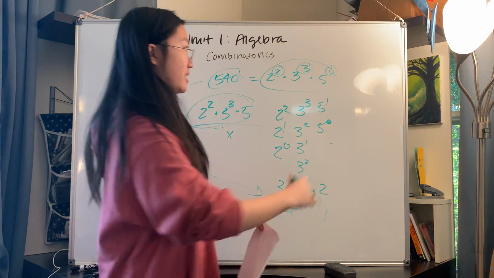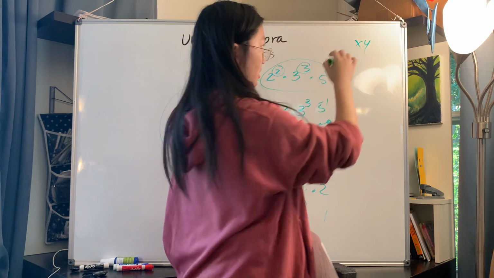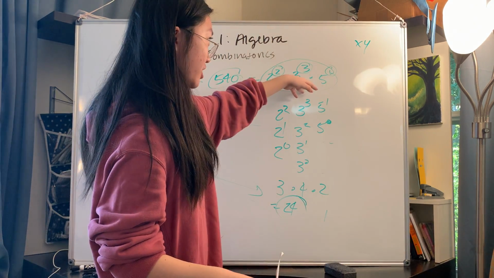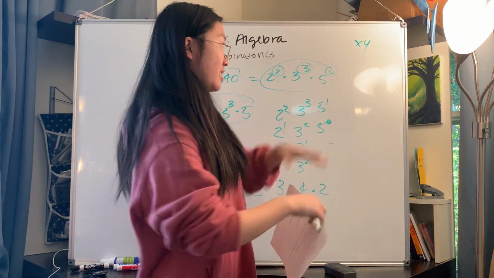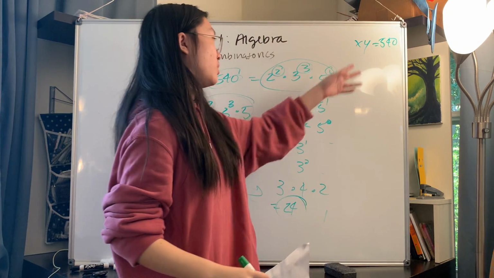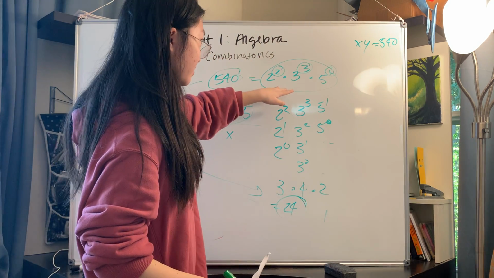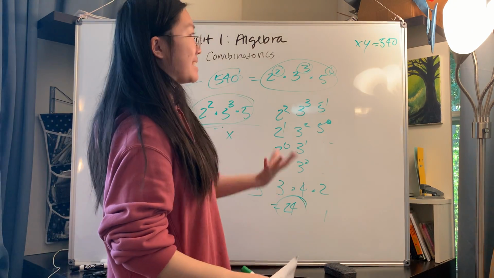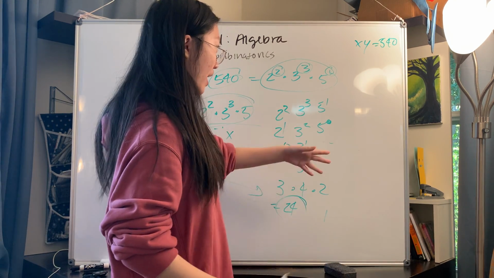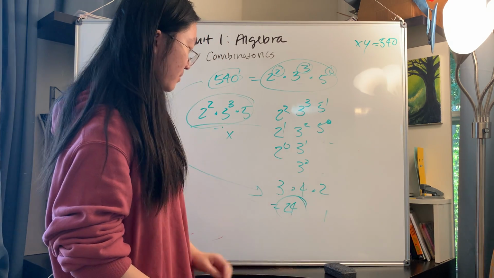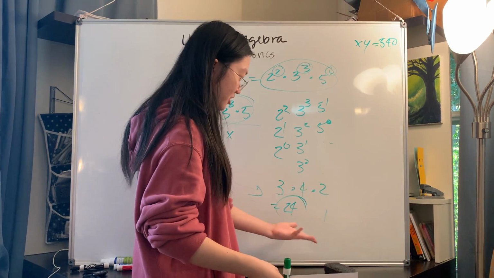Its factors, x and y, multiplied together have to equal this combination. If you factorize x and y, where x times y is equal to 540, you would also get this. So it makes sense that x and y would be some combination of this here. So that's our answer, 24.